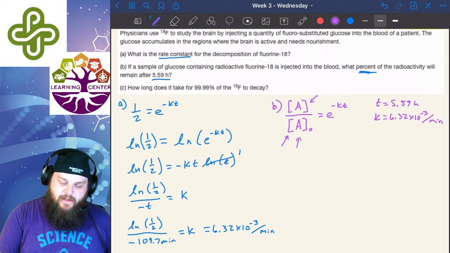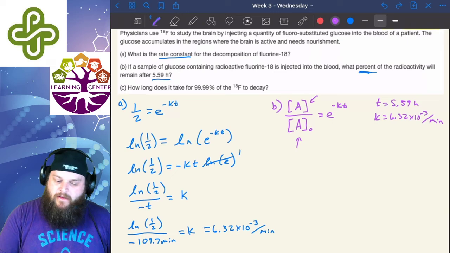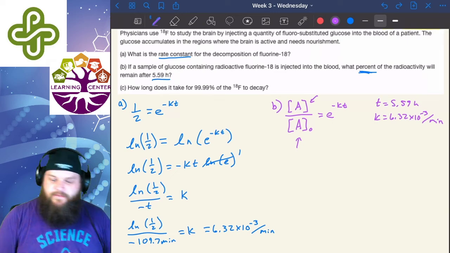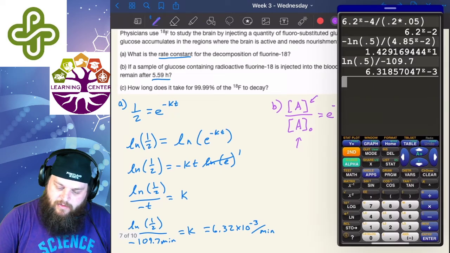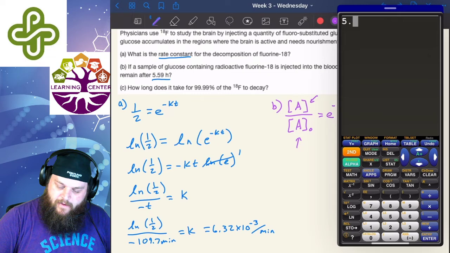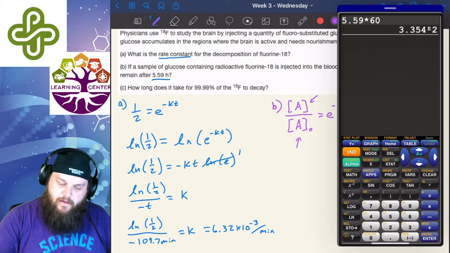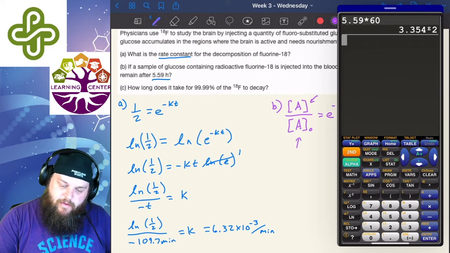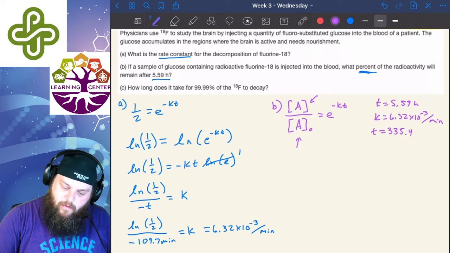Especially this percentage over here should be unitless as well. So we need to convert hours into minutes. So that's pretty easy to do, because we all should know that there are 60 minutes per hour. So if I take 5.59 hours, I can multiply it by 60 minutes per hour, and I get 335.4. So really T is equal to 335.4 minutes.